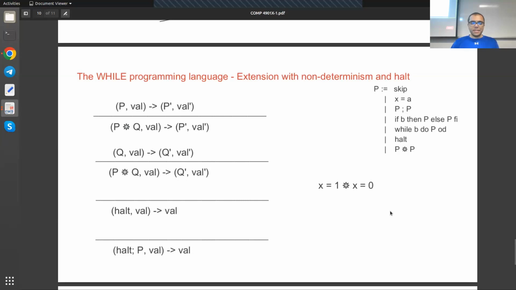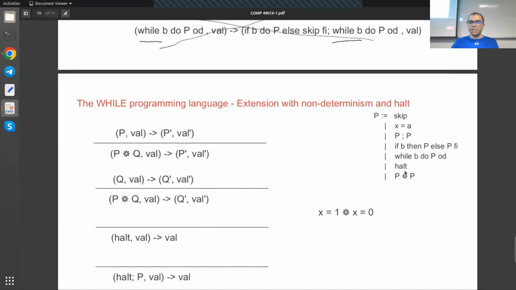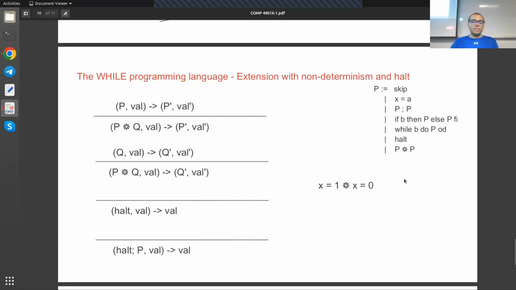But what's interesting is that actually with halt, I will have to change some of my rules. So for example, imagine that I have a program that looks like this. It's like halt and then P. So think of halt as, if you're like a C++ programmer, think of it as exit 0. It just ends your program immediately, right? So if I have halt P, I don't want to execute P, right?